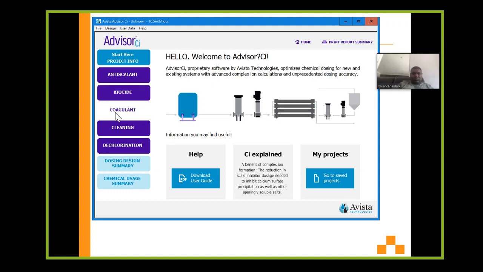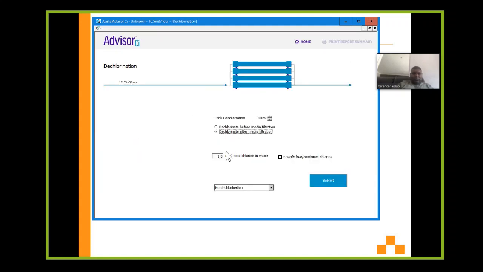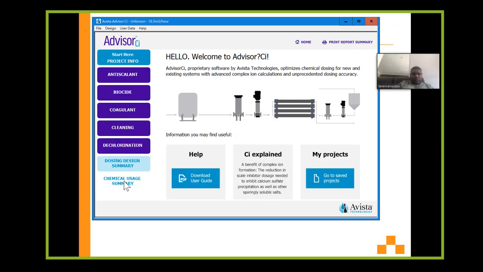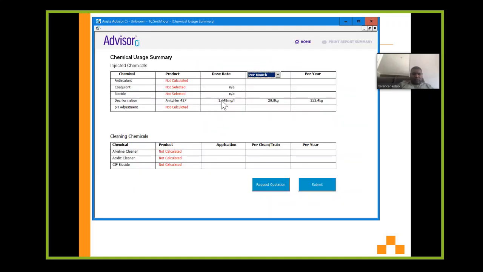So this is coagulants. And dechlorination is also very simple. Just input the feed flow and how much free chlorine you are getting from the feed water, for example, 0.2. Then choose the chemical, and it automatically tells you how much dosage you will need.